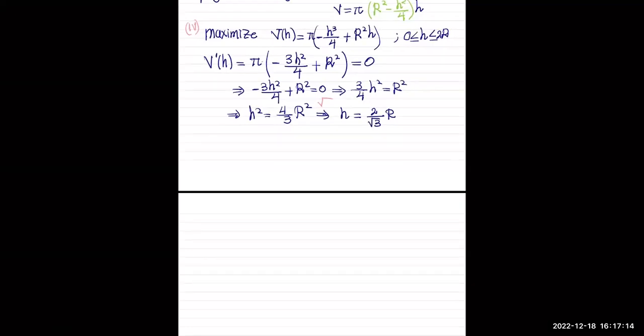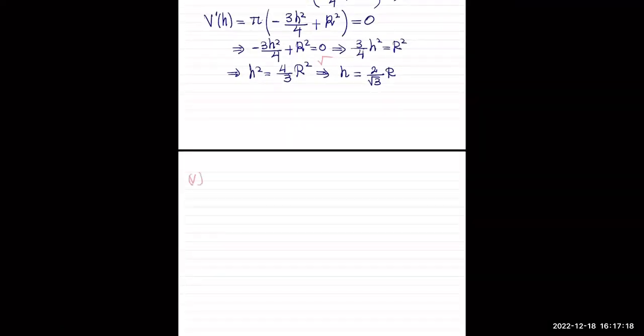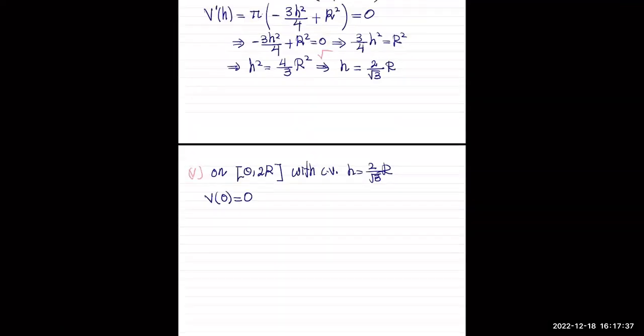So let's just do it. Part 5. On 0 to 2 capital R with critical value h equal to 2 over root 3 times R, V at 0 is 0. Don't bother plugging that in.